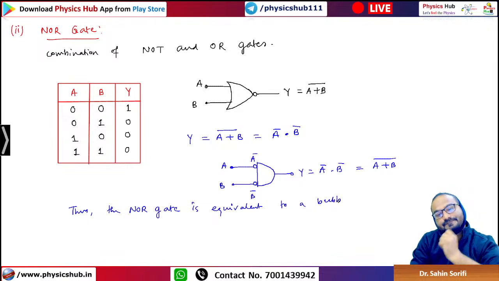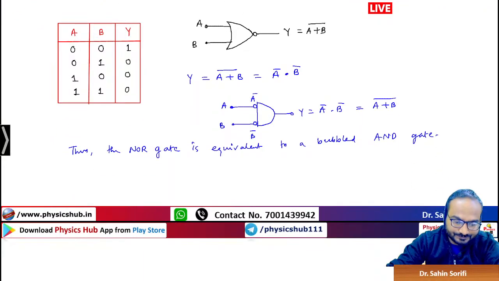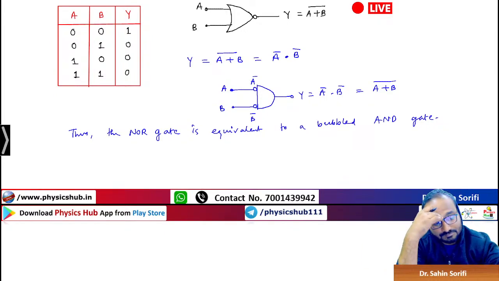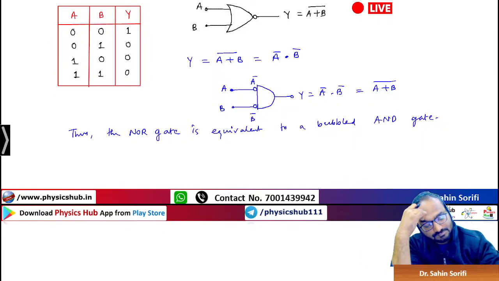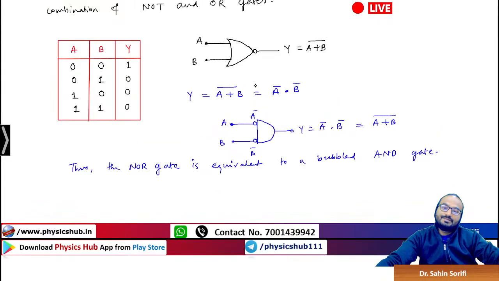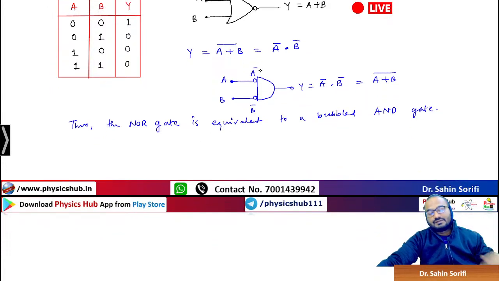Bubbled AND gate. Can you say it like that? Now, as this is also a universal building block, it means we can express any Boolean expression using this NOR operation.